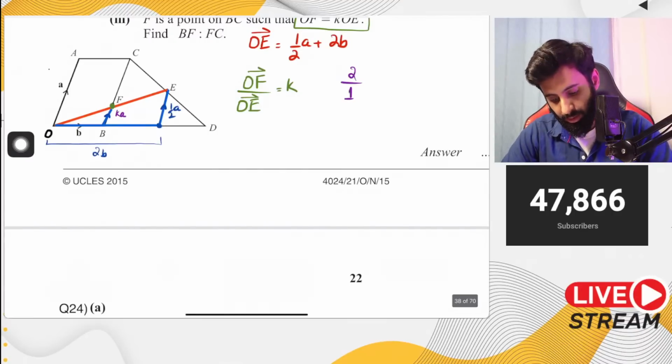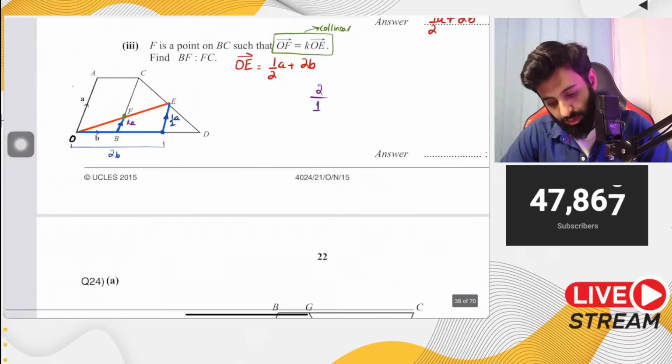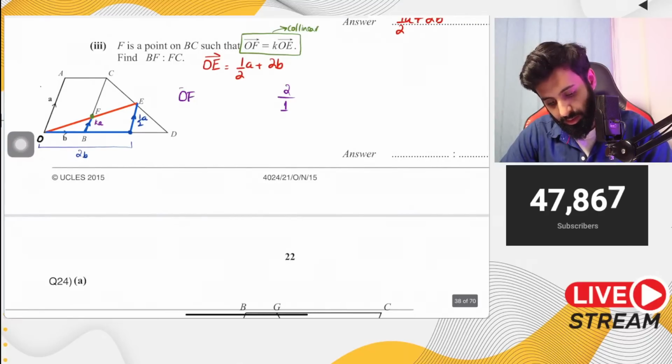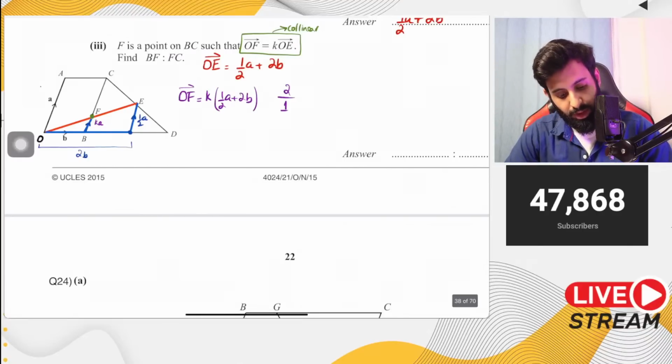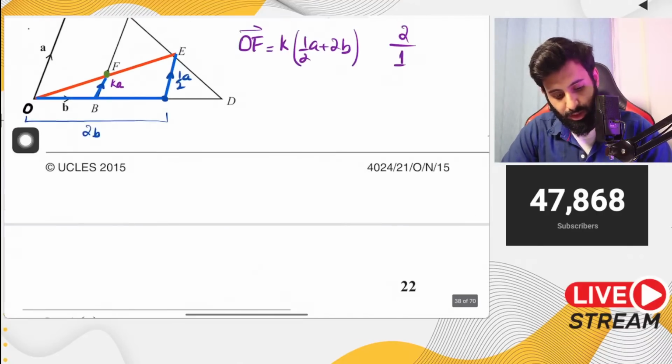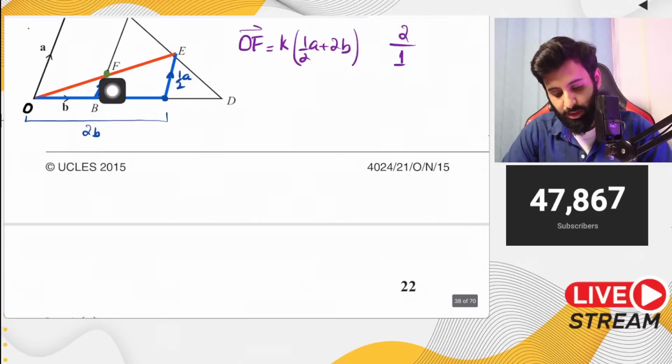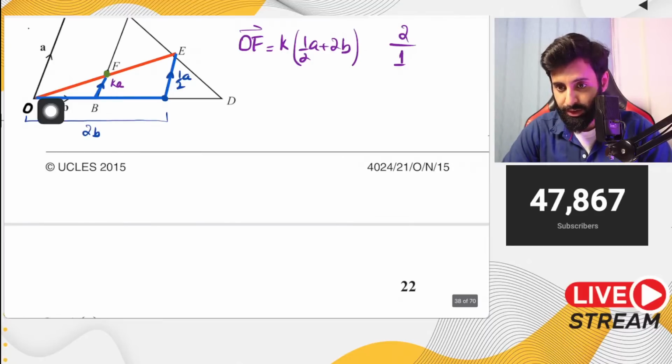So I'm writing OF here. OF is equal to K times half of A plus 2B. Now one thing that we know about OF is that the coefficient of its B component will be 1.